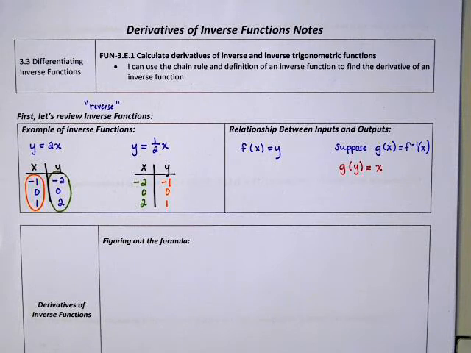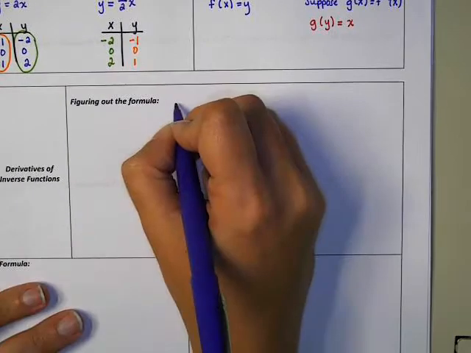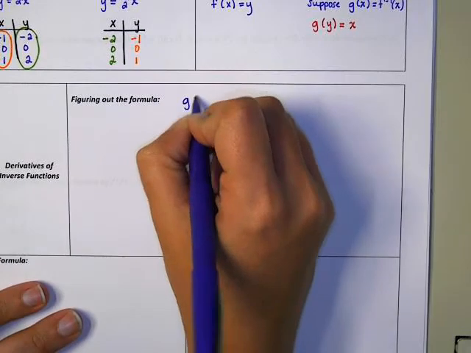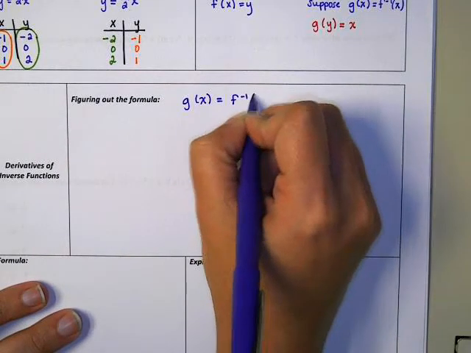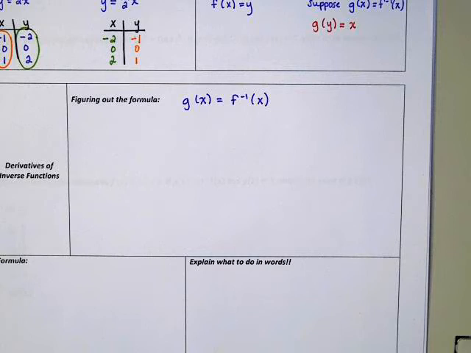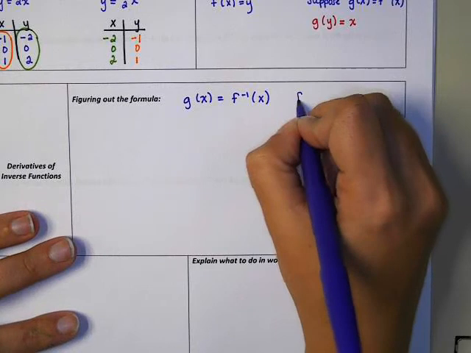So here's how we find the derivative of an inverse. In the problems that we're doing, in the directions, we are going to be told that g of x is the inverse of f of x. So it's the inverse of f. In order to find the derivative here, I want to be working with the original function, not the inverse.